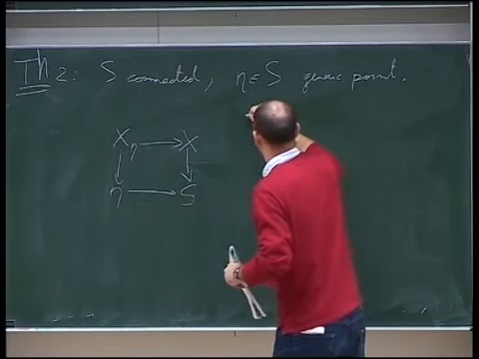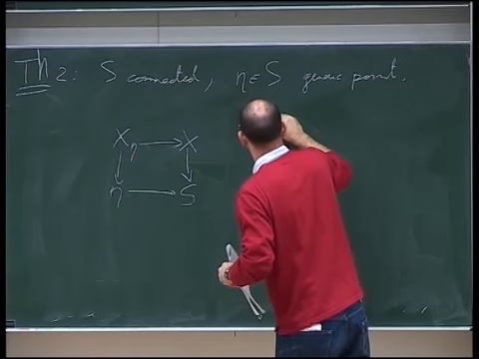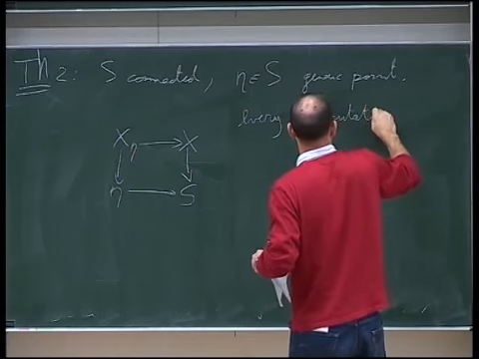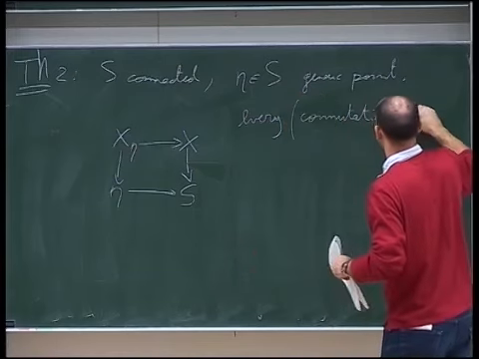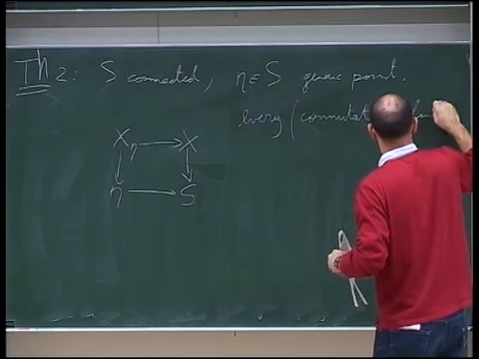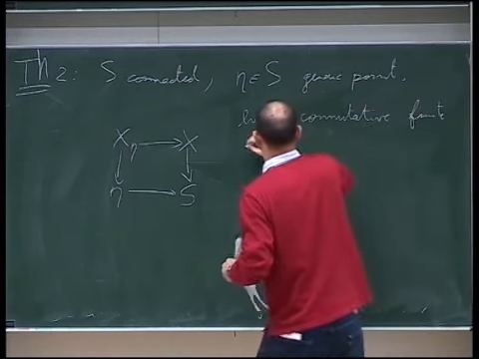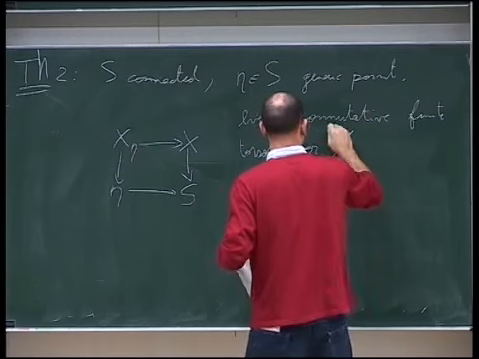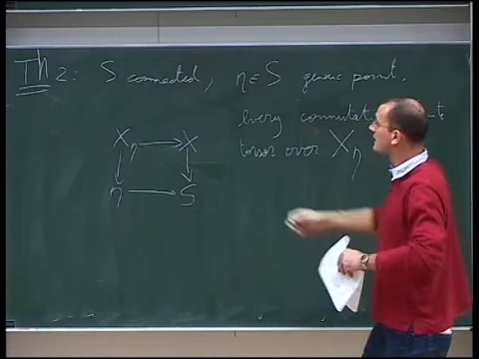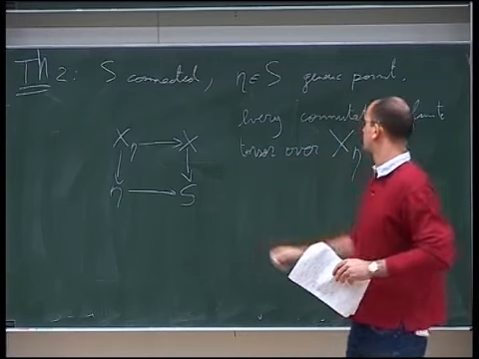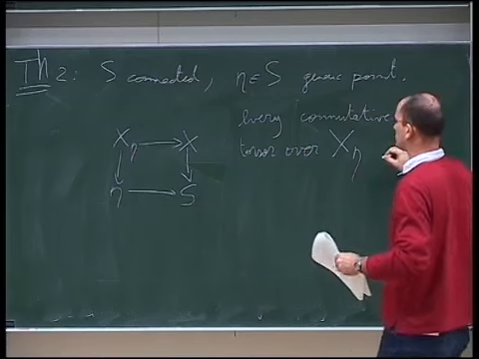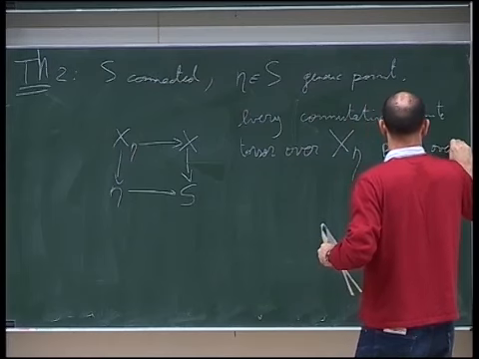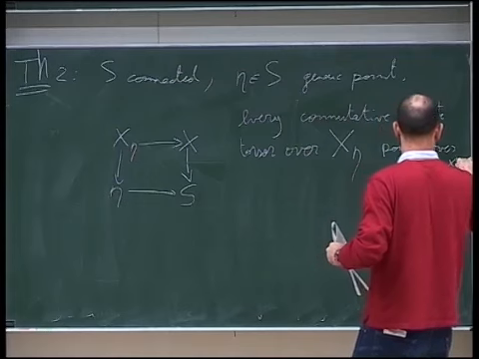Every commutative torsor over X_eta comes from a torsor over X. My torsors are always pointed, so pointed over X to X_eta.